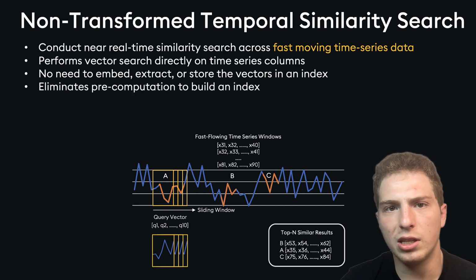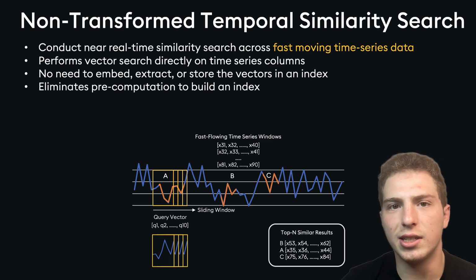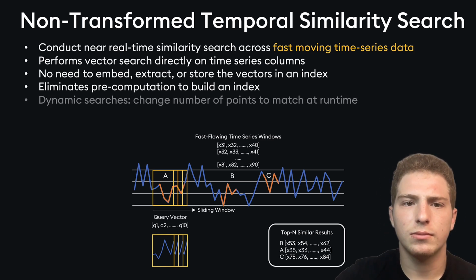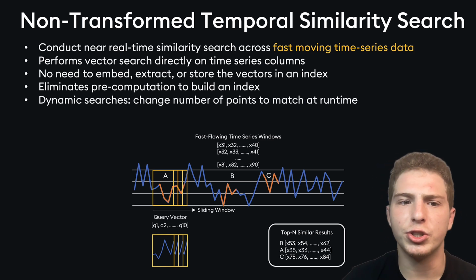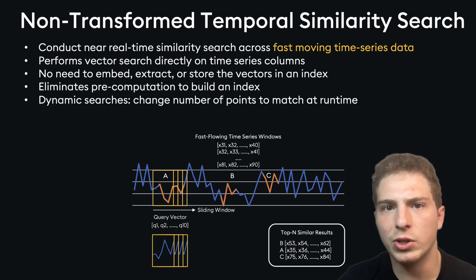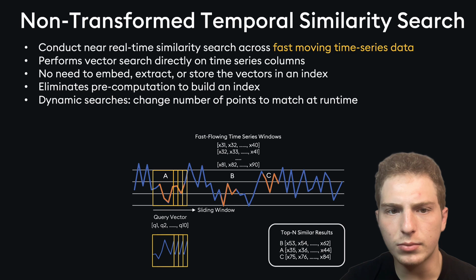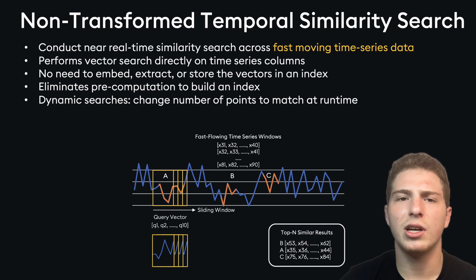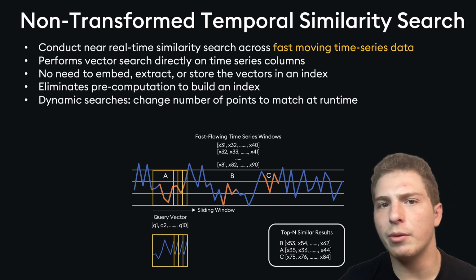This completely eliminates the pre-computation that is necessary to build an index. It also allows for dynamic searches. We could change the number of points that we are searching at runtime. So instead of searching, for example, 30 points, we could search 1,000 points or 500 points. And this gives us more flexibility to really understand the patterns that we're searching.